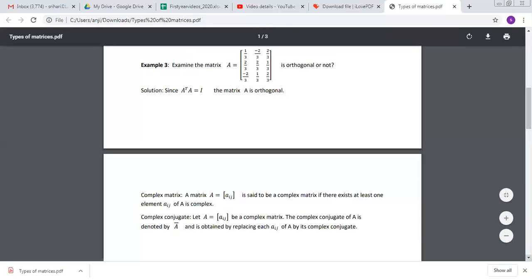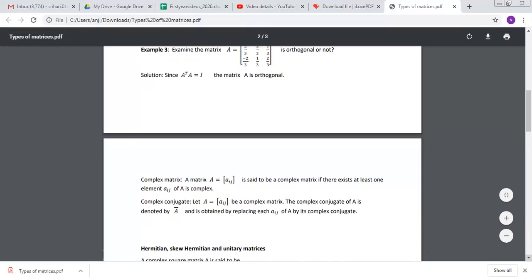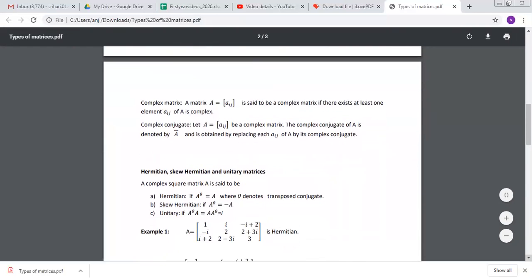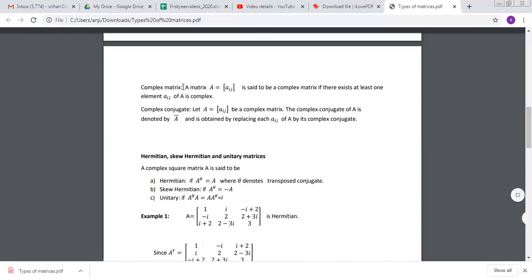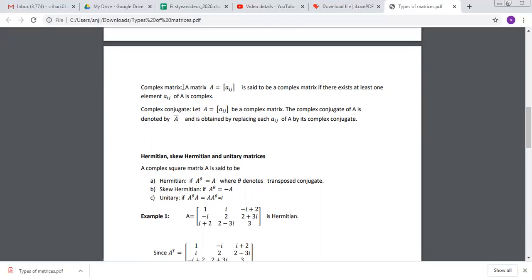These symmetric, skew symmetric, orthogonal matrices are real matrices. Now we see complex matrices. Let's see the definition of a complex matrix. A matrix A = [Aij] is said to be a complex matrix if at least one element Aij of A is complex.